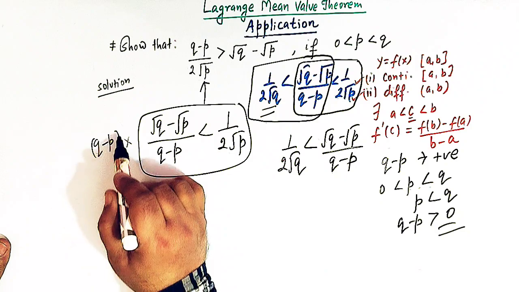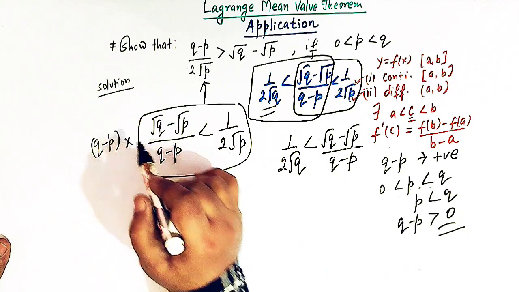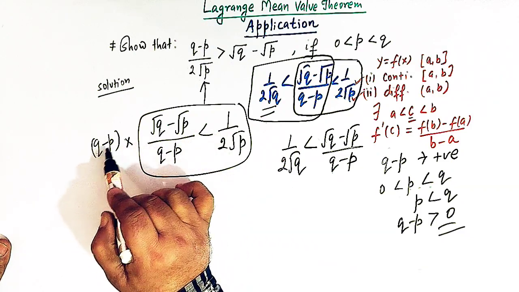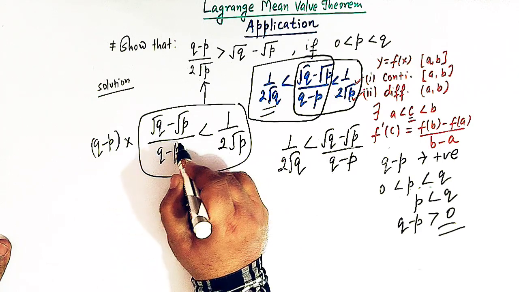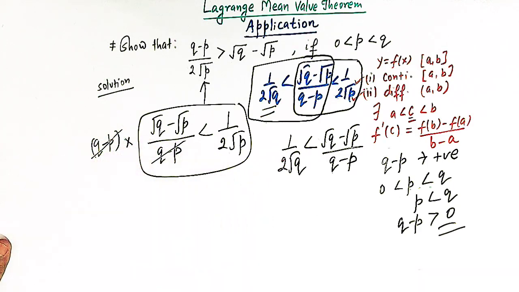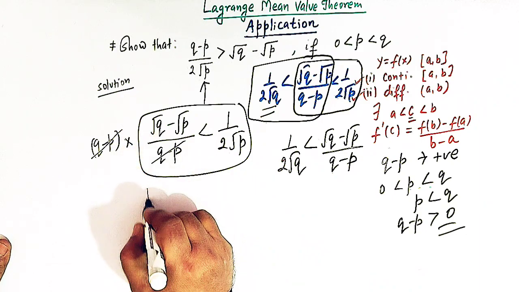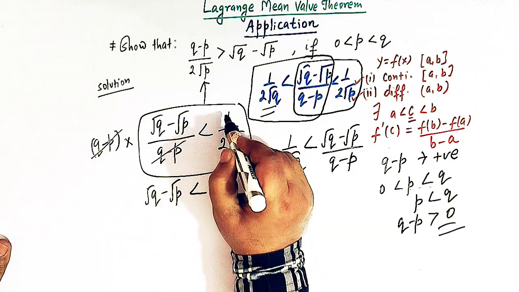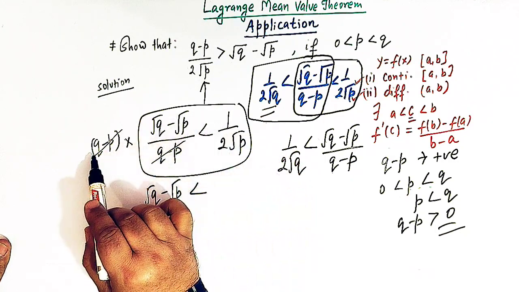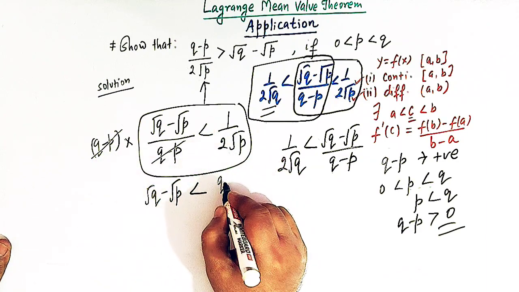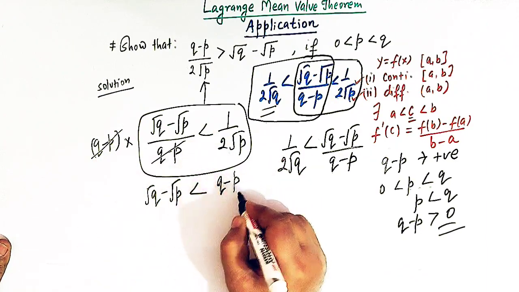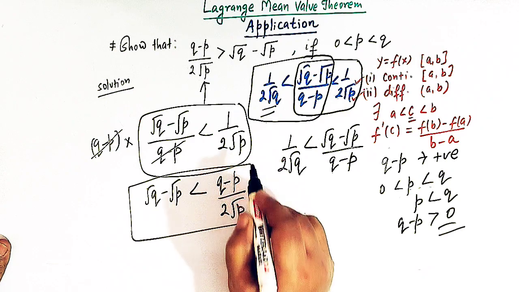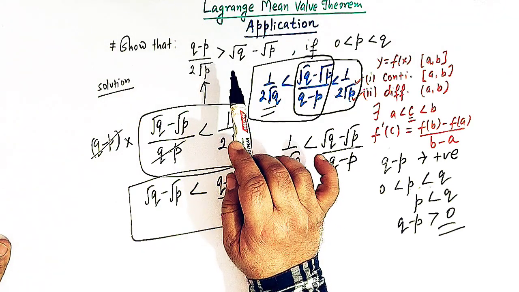So Q minus P is a positive quantity, and there is no harm in multiplying this inequality both sides by this expression Q minus P, right? So here see, this term gets cancelled, so we are left with only this one, that is square root of Q minus square root of P, and here we'll multiply this one by Q minus P, right? So here we have Q minus P divided by 2 times square root of P, right? So this is our required inequality.